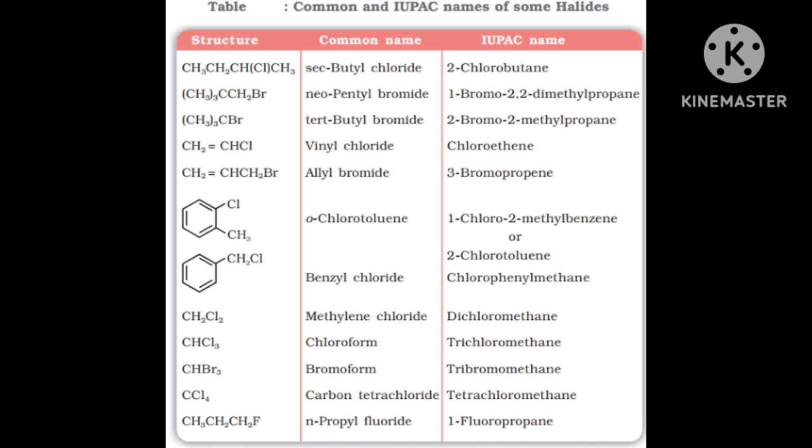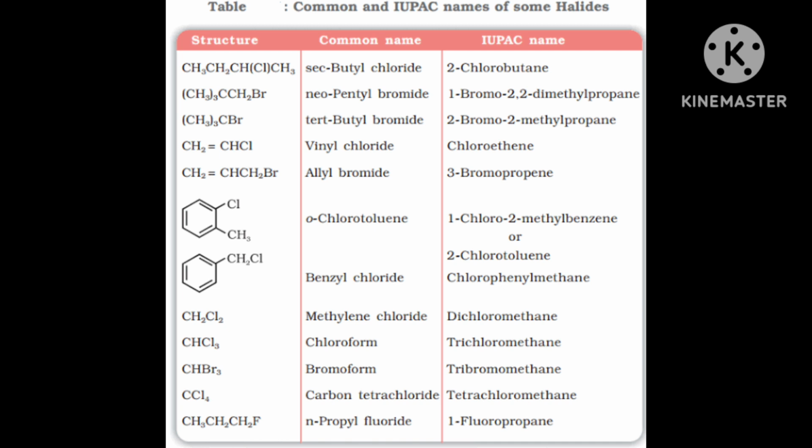Now with one benzene, 2 bromines are attached. One is at the ortho position and the other is at the meta position. 2 bromines attached means 2 hydrogens are replaced with 2 bromine atoms in the benzene ring. Now what will be the common name?